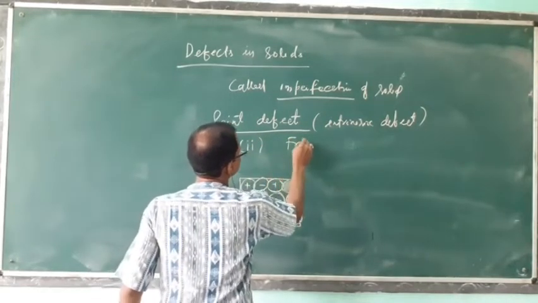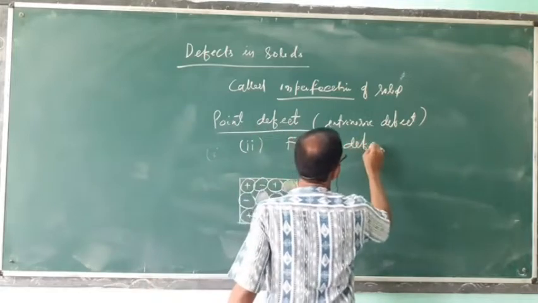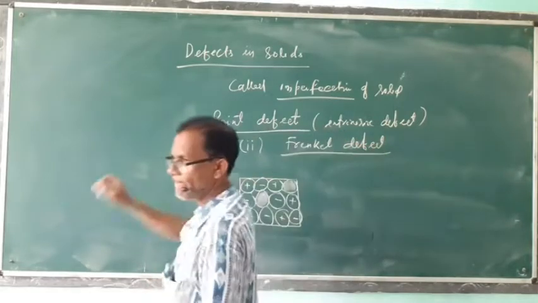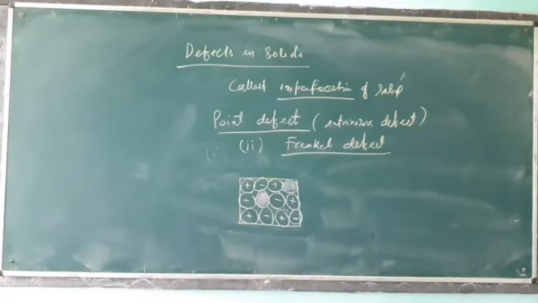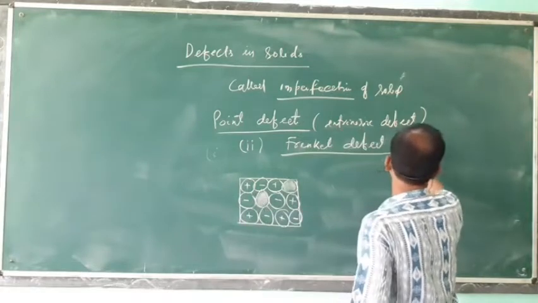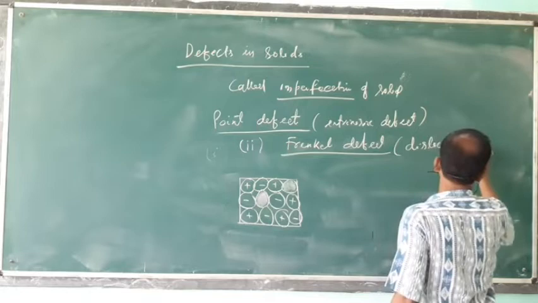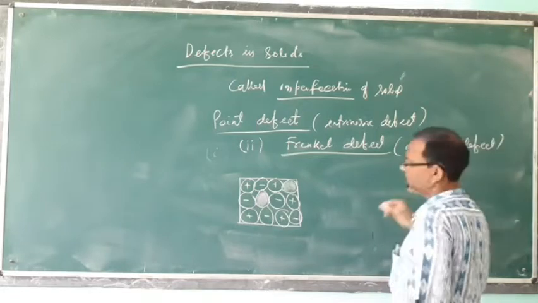Then the second defect is Frenkel defect. It is also called dislocation defect. What are the characteristics?